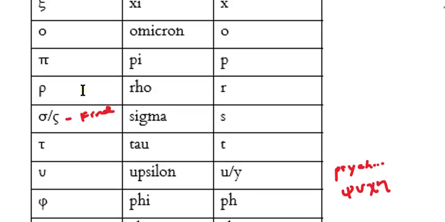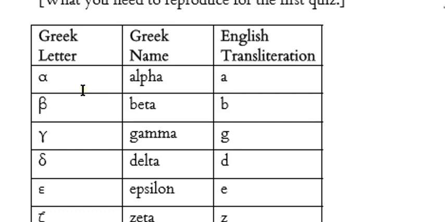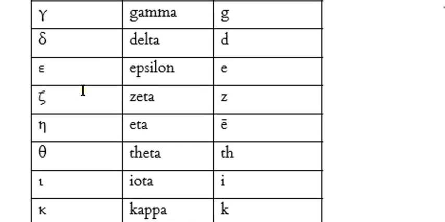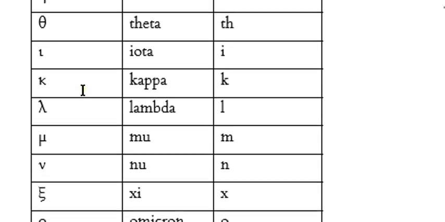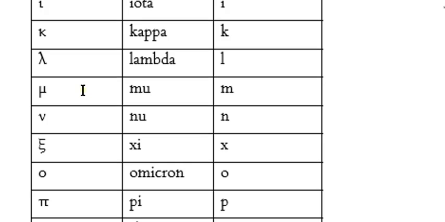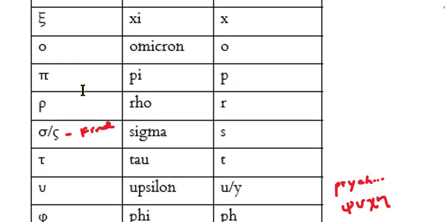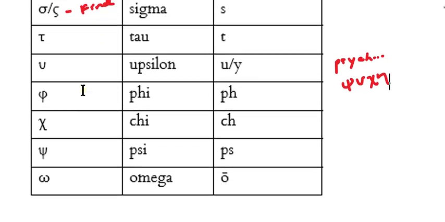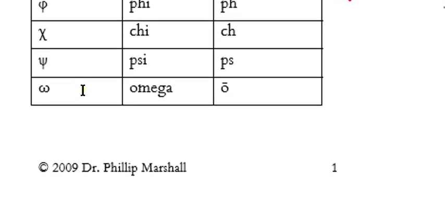All right. Now, let me have you say these at the same time. Ready? Go. Alpha, beta, gamma, delta, epsilon, zeta, eta, theta, iota, kappa, lambda, mu, nu, xi, omicron, pi, rho, sigma, tau, upsilon, phi, chi, psi, omega. Excellent.